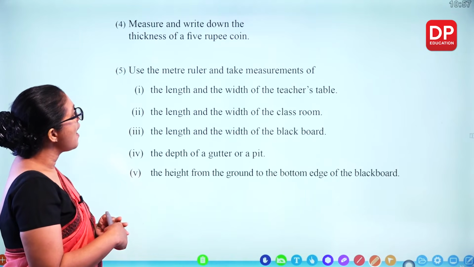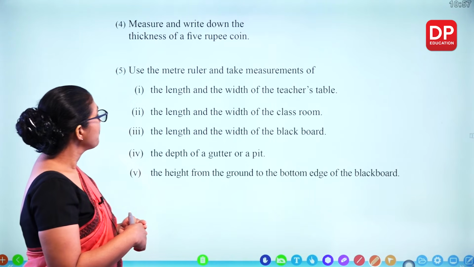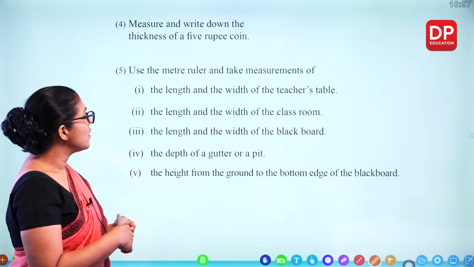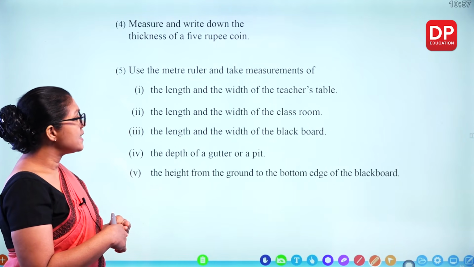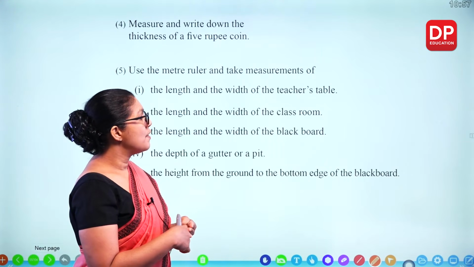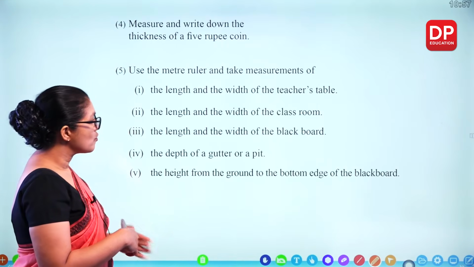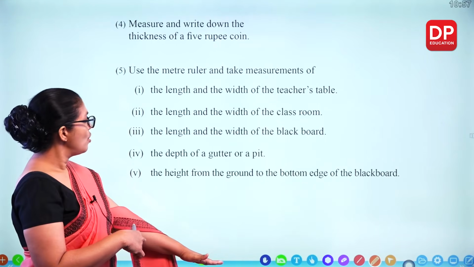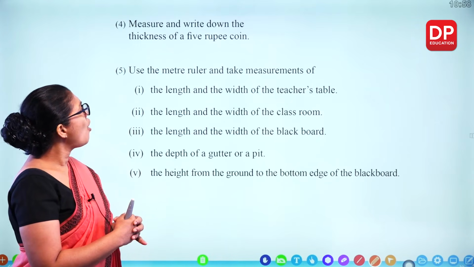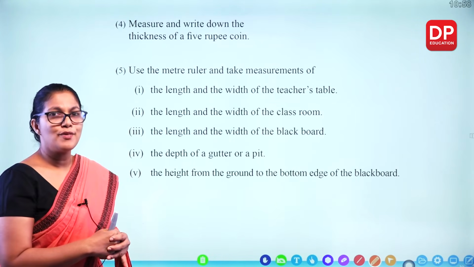The length and the width of the classroom, the length and the width of the blackboard, the depth of a gutter or a pit, the height from the ground to the bottom edge of the blackboard. So here, lower end to this point. So you can do all these using a meter ruler.